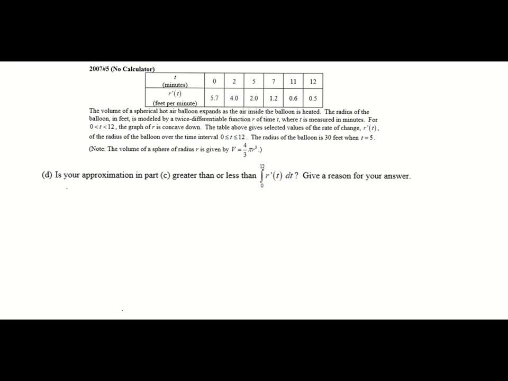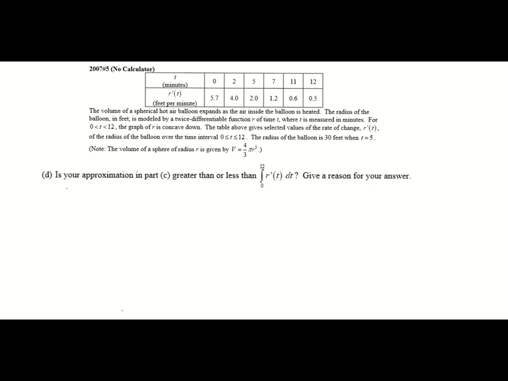So for part D, it asks us, is your approximation in part C, that integral that we just figured out, greater than or less than the true integral from 0 to 12 of r prime of t dt? Give a reason for your answer. Okay, so we did a right-hand Riemann sum, and we chose the value on the right of each interval. That was the smaller value for each interval.